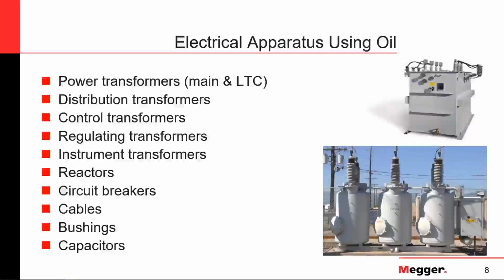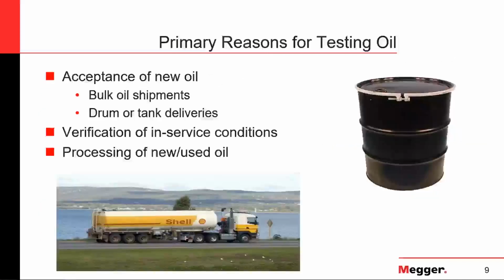Now, I've been mentioning power transformers, but that is not, of course, the only equipment on which we have oil as an insulating and cooling medium. As you can see, we can also have them in reactors, circuit breakers, cables, bushings, capacitors, a broad range of electrical equipment.